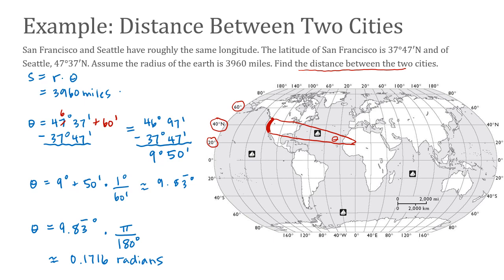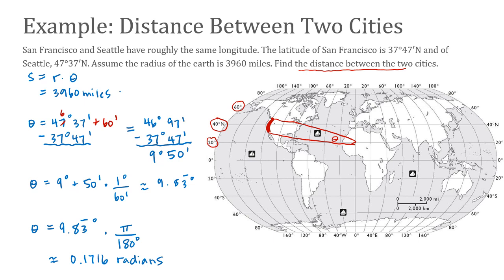And when I multiplied 9 plus 50 over 60 by pi over 180, I got 0.171624041.